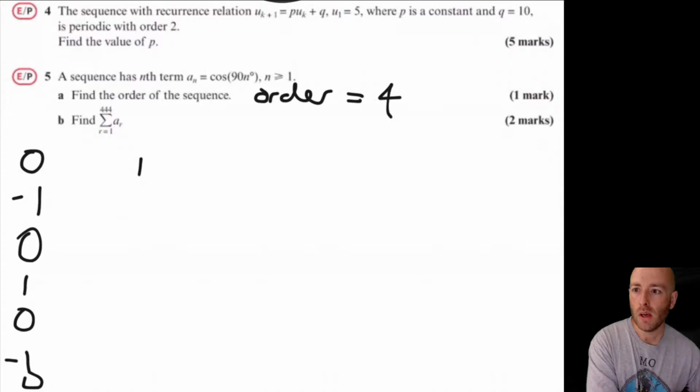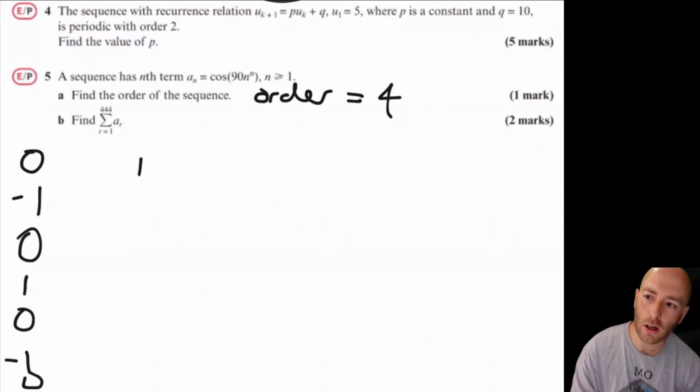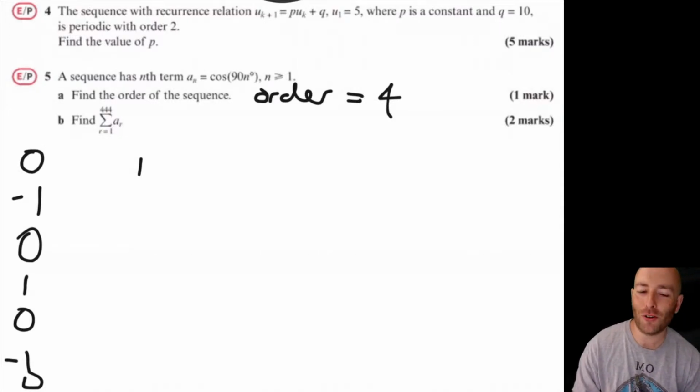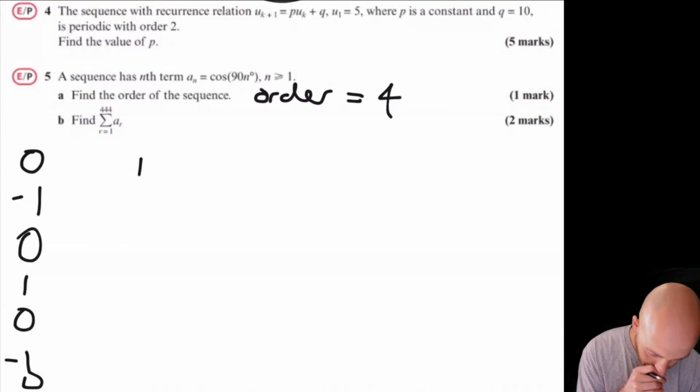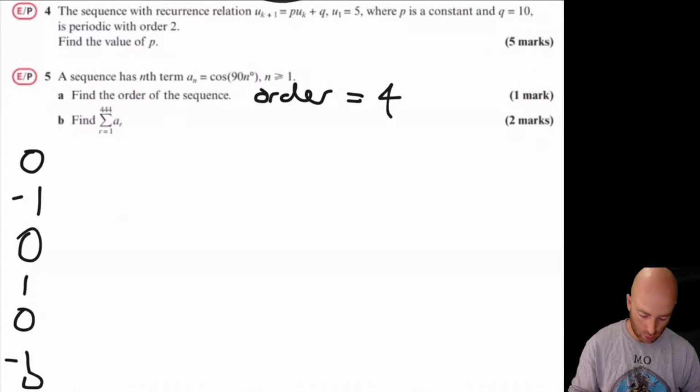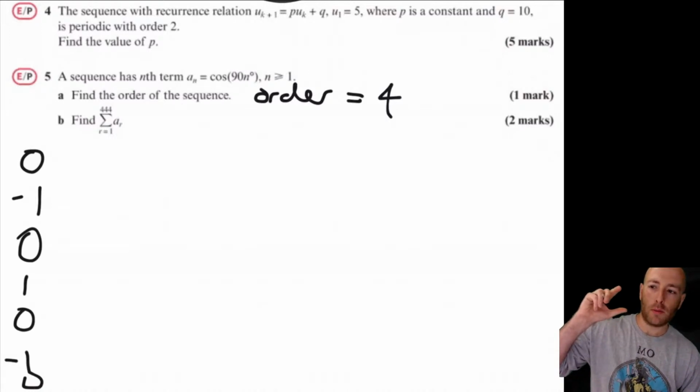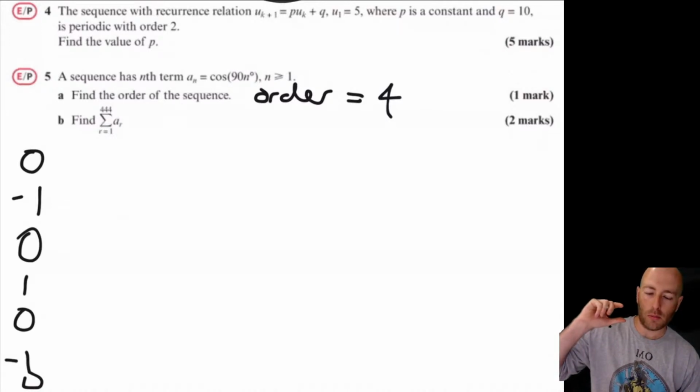Good. Find the sum of the first 444 terms. So, question is 444 divisible by 4? I think it probably is. Yeah, so there's 111 periods there. If we add together one period, we're going to get 0, minus 1, plus 1, plus 0, which all cancels out to give us 0.